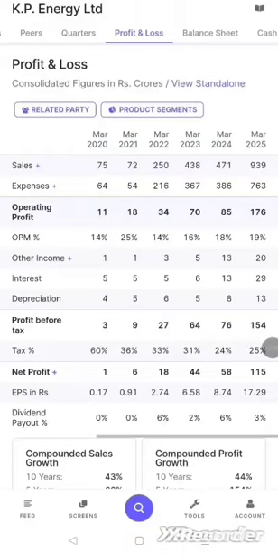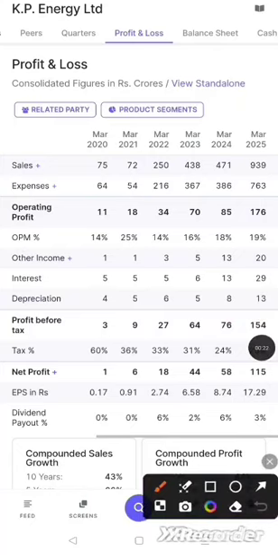Now coming back to the management guidance. KPL's management has guided that they will increase their revenue by 60 to 70% in financial year 26. Which means in March 2026 they will try to grow the top line by 60 to 70%.